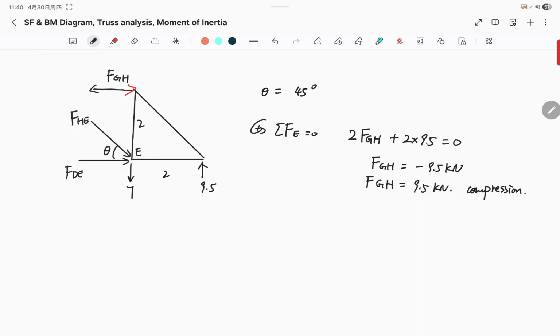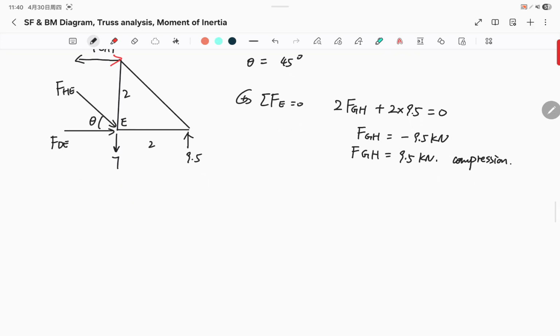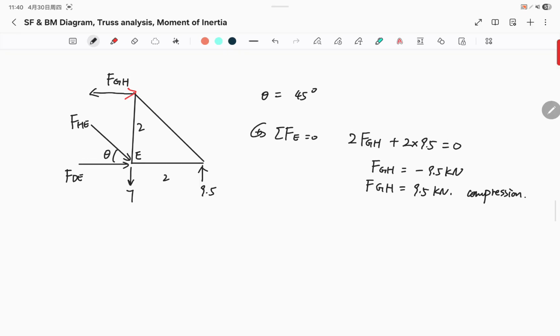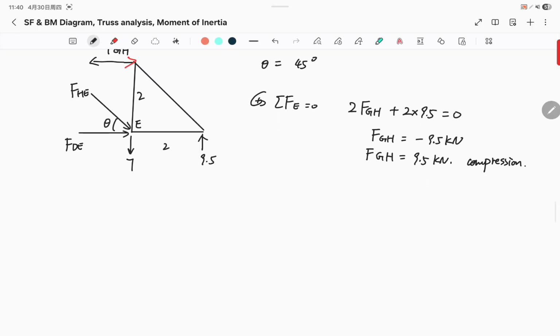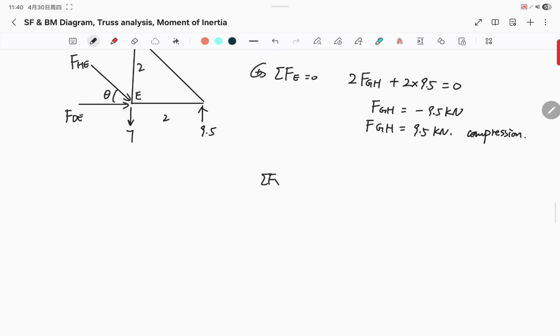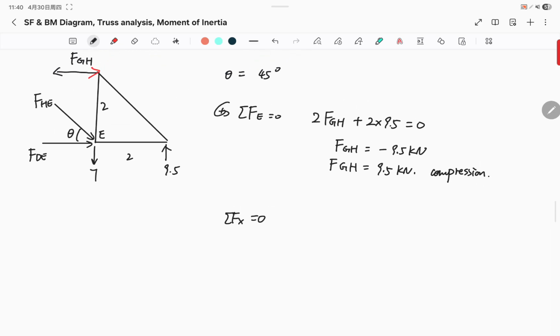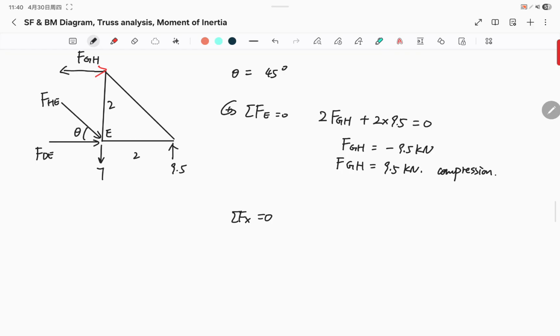Now we can do force in X, because there's only the force we just solved and the other one, HE, in X direction. And immediately I can tell that we're gonna flip the arrow for FHE. We just updated our free body diagram, so now FGH is to the right.